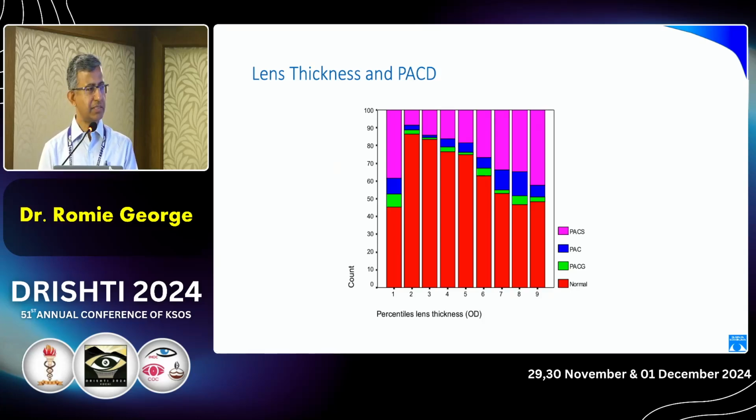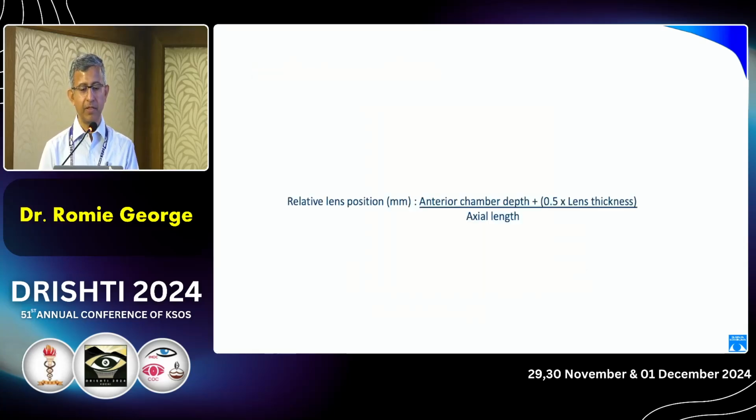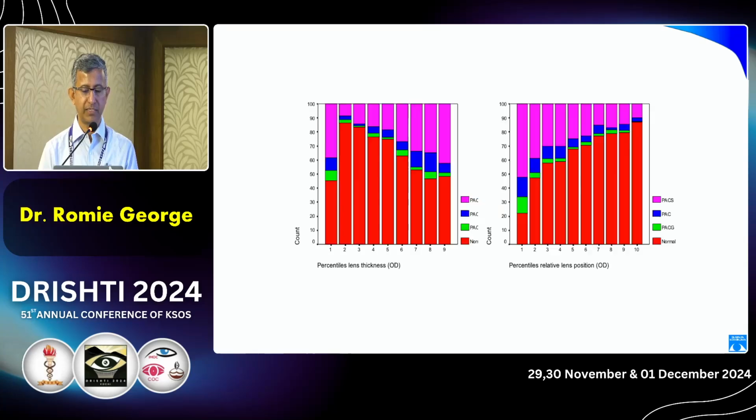So this is a little unusual, because you would expect thicker lenses to all have angle closure and the thinner lenses to not have. So then we tried to see whether the relative lens position, or the position of the lens relative to the length of the eyeball and the anterior chamber depth, that's calculated using this formula, changes things. What happens once you factor that into the equation?